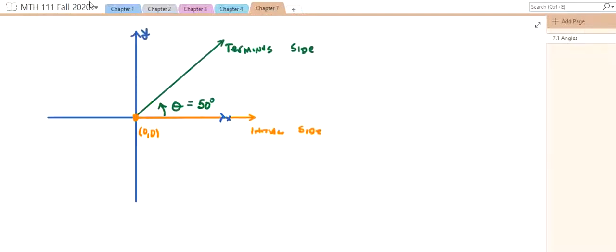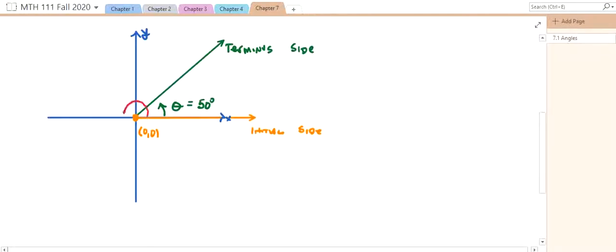Again, with some more terminology, whenever we start an angle that heads from the origin and heads along the x-axis as the initial side and goes any distance, we could even go more than 90 here.